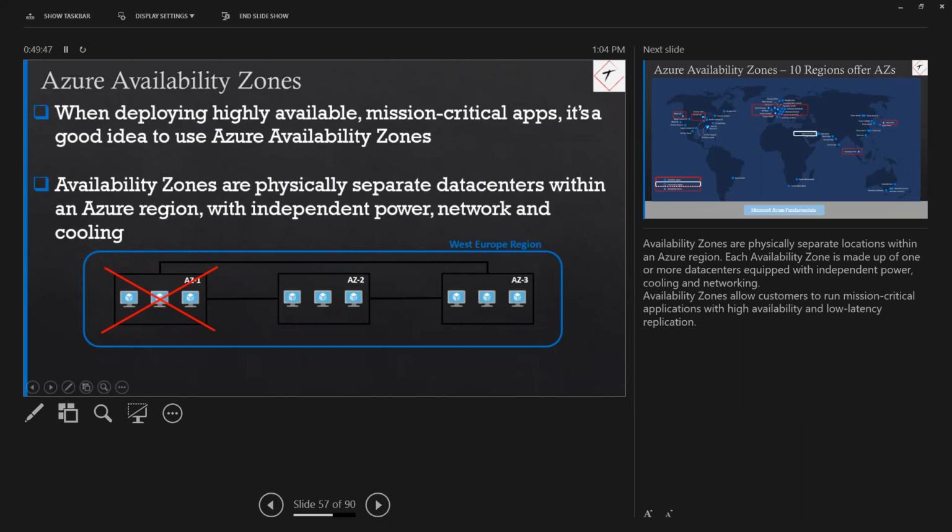So when you deploy these virtual machines in a scale set of this availability zone, even if one of the availability zones goes down or one of the data centers goes down for any of the region, you still have this data and you will be able to access it, or your customers will be able to access it in different availability zones, right? Since these three are independent with, let's say, cooling, power, and networks, you will be able to access it without any issues.